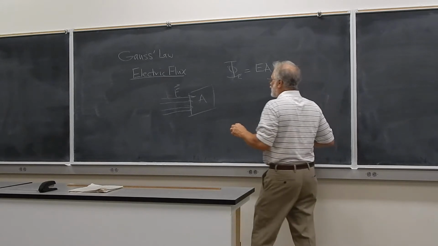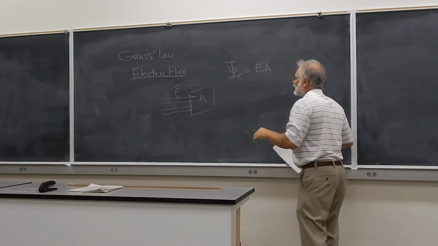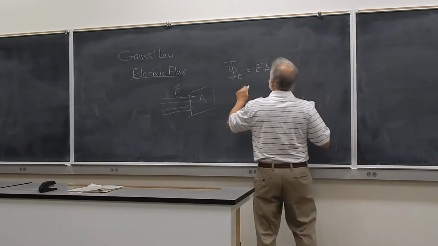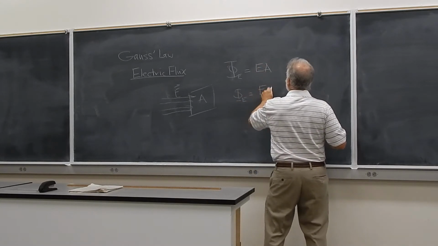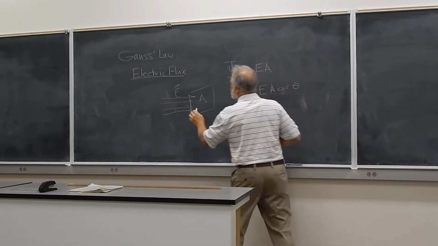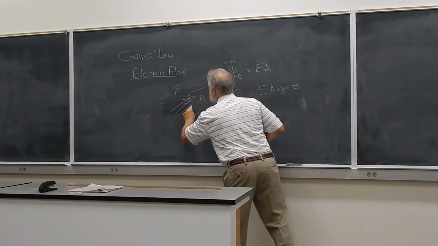On the other hand, if it was at some angle, if it wasn't directly perpendicular to the surface, there would be a factor of cosine theta, where theta would be the angle between the field lines and the surface.